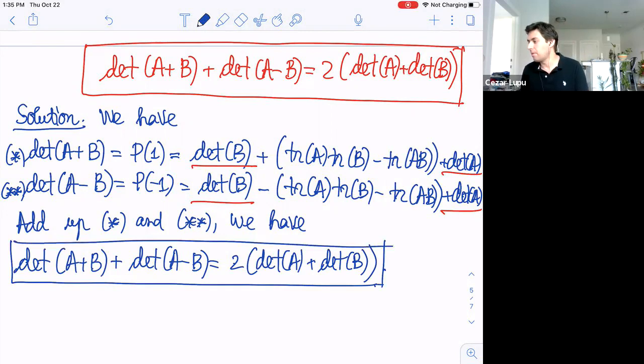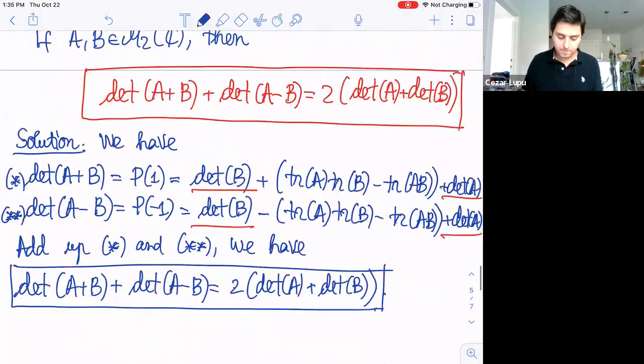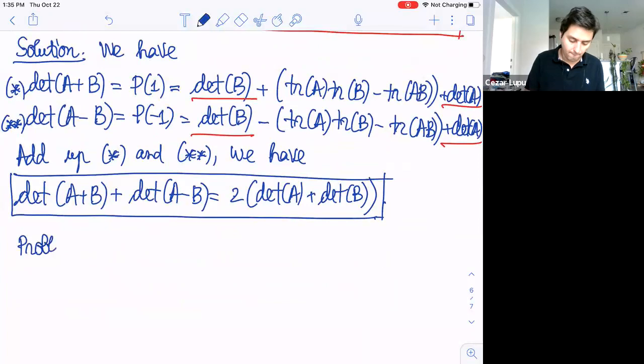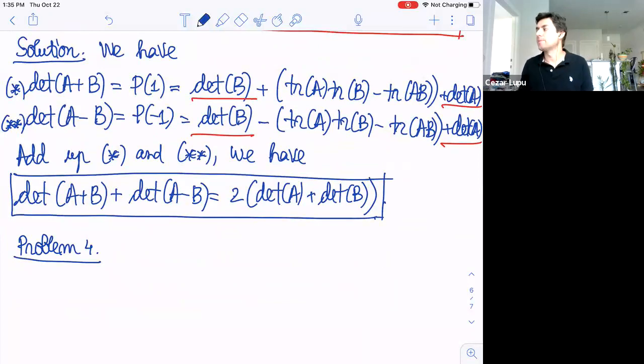For example, let's use this identity, but let me give you some problems. In fact, I'll do a couple of them. I haven't planned to do some, but for example, let's say problem 4, which says the following.